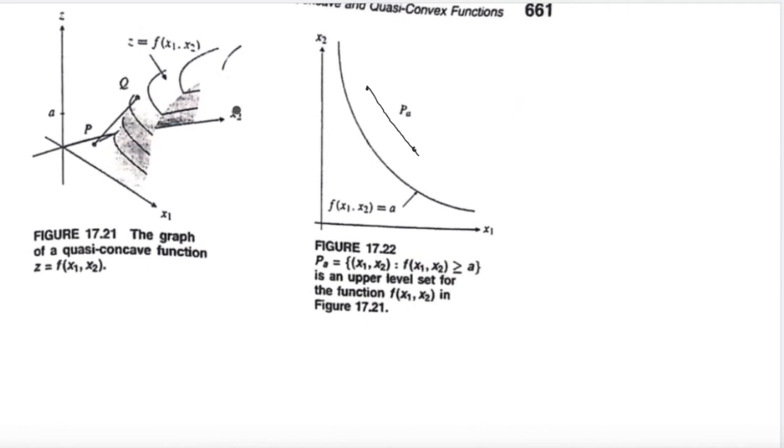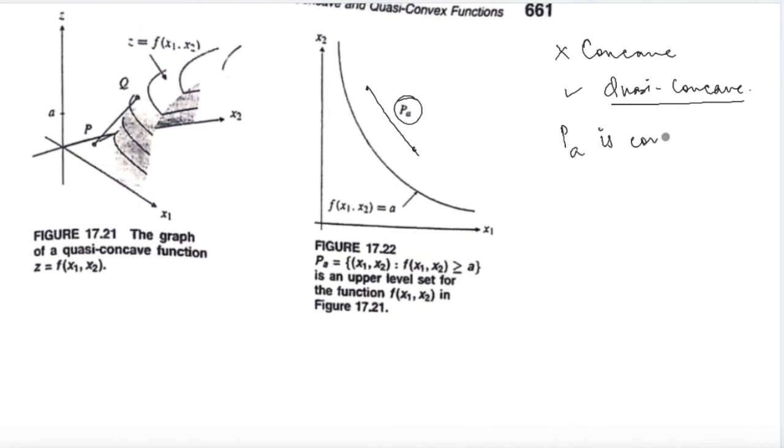So basically this function is not a concave function, which can be clearly seen in the first figure, but it is a quasi-concave function. A function defined over a convex set S is said to be quasi-concave if the upper level set PA is convex for each number a.